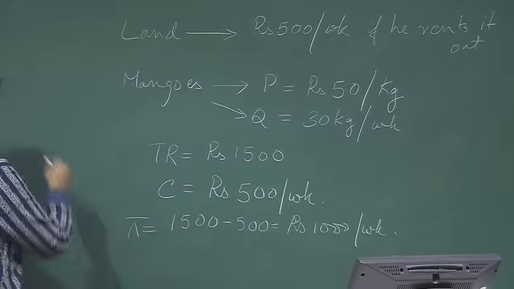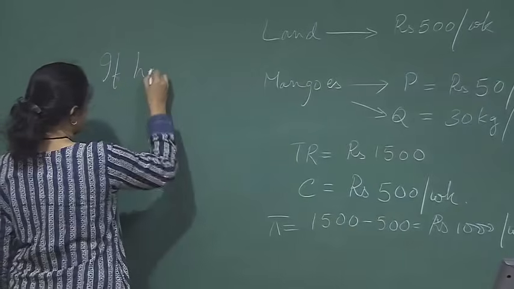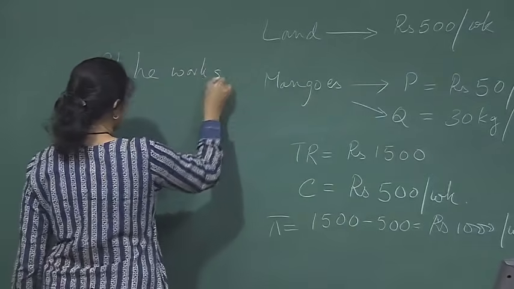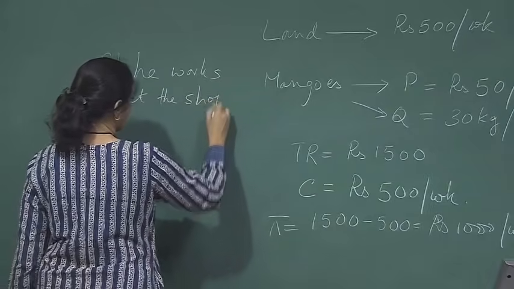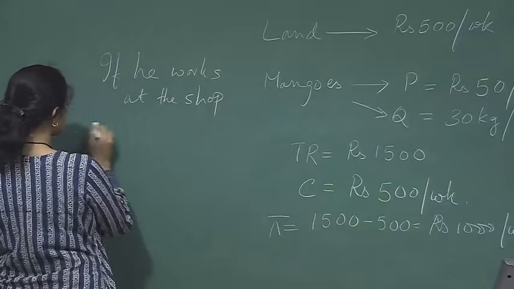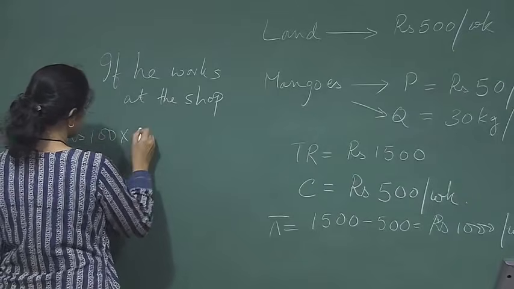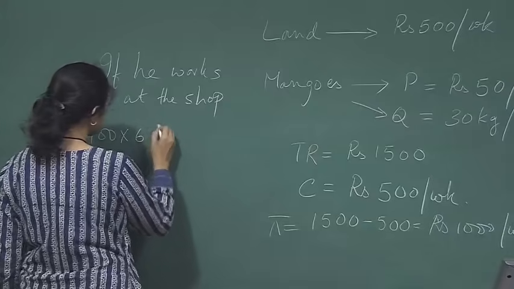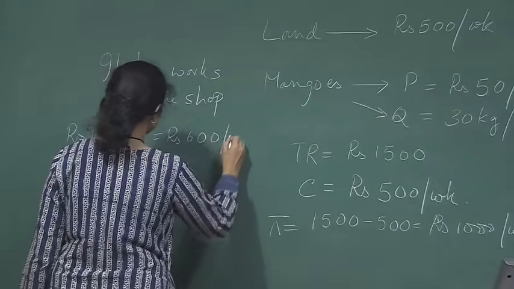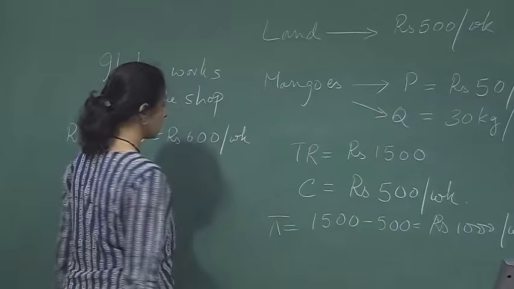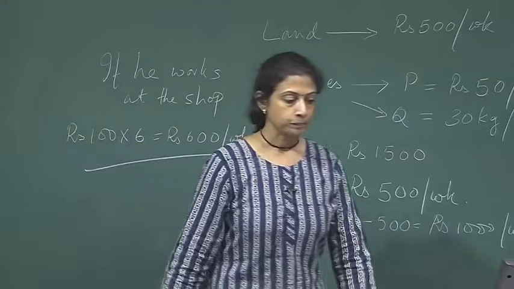So if he works at the shop, 6 days a week, he is able to earn rupees 100 into 6 per week, which is equal to rupees 600 per week. So this is what he is able to earn per week.